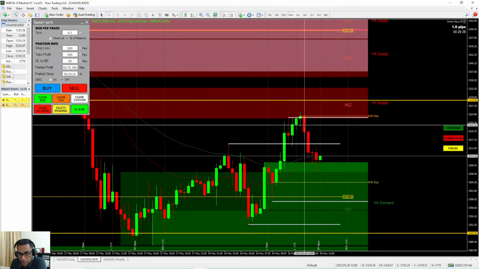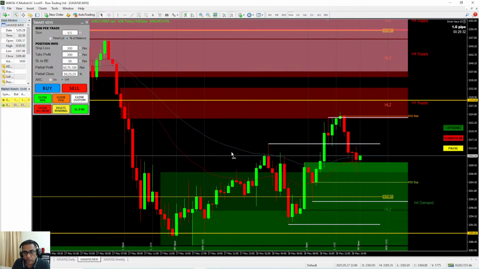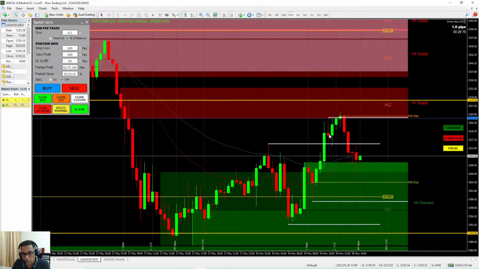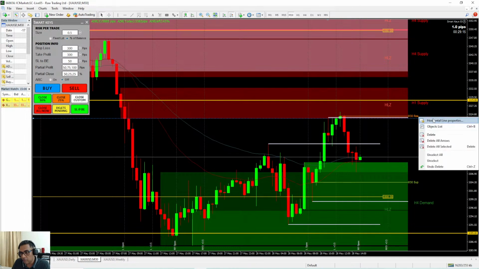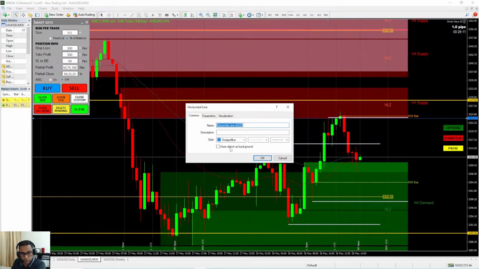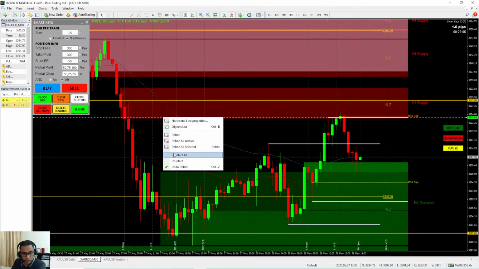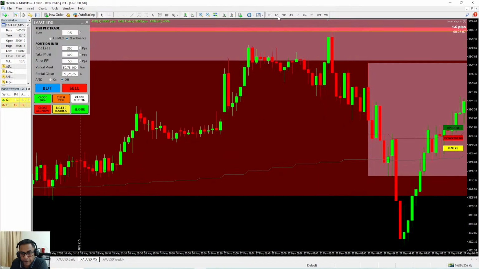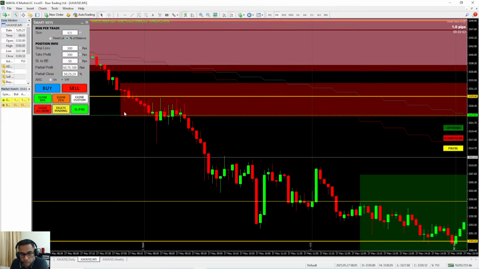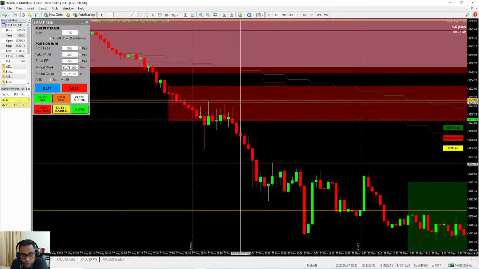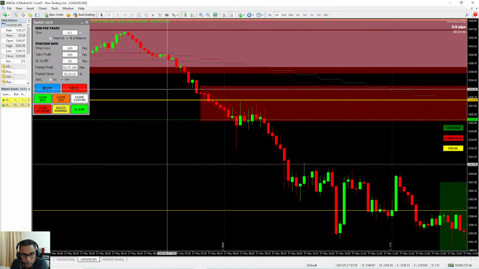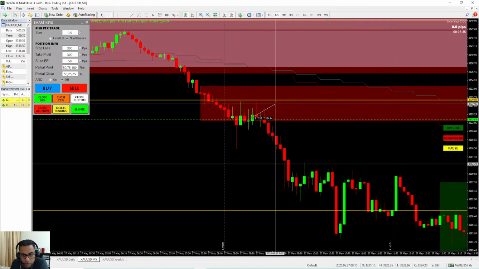I just want to know why price stopped here. Why did price stop here? There is this candle, but in that candle, price stopped here. 2383. Yeah, there's a drop base drop there. That makes sense. 44, 40.